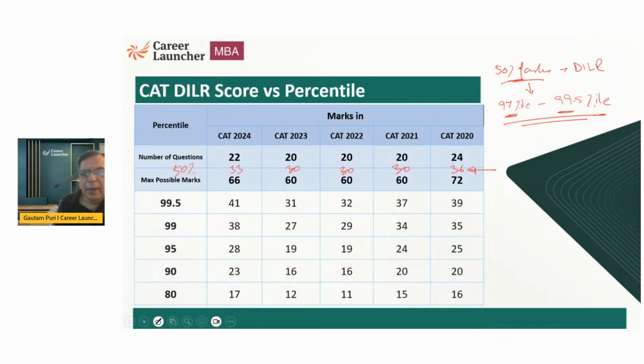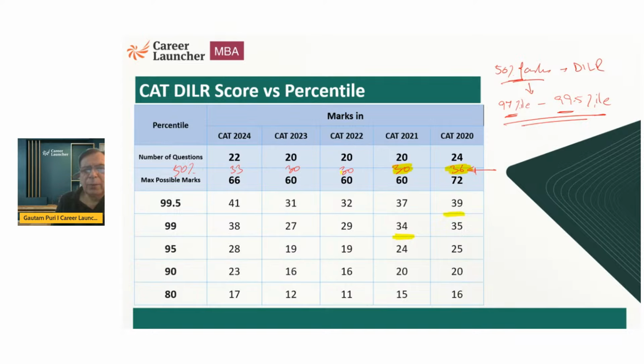What percentile would you get? In CAT 24, a score of 36 would have got you maybe a 99.1 odd percentile. And in CAT 2021, these 30 marks would have meant something like a 97.5 percentile. So the paper of 21 was easier as compared to 2020, which is why the percentile fell at 50%.